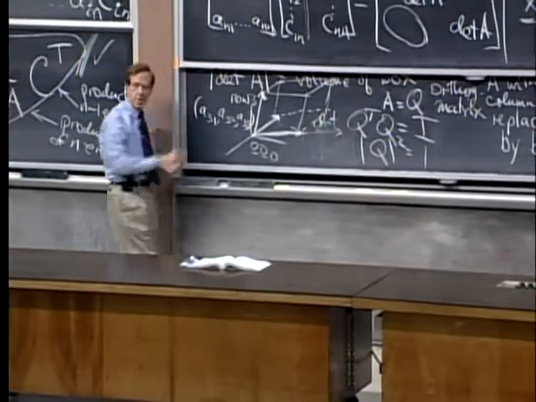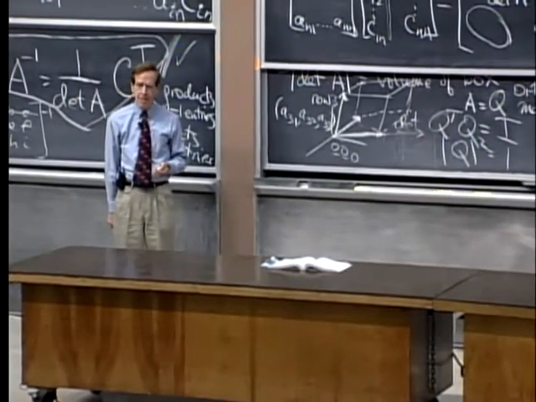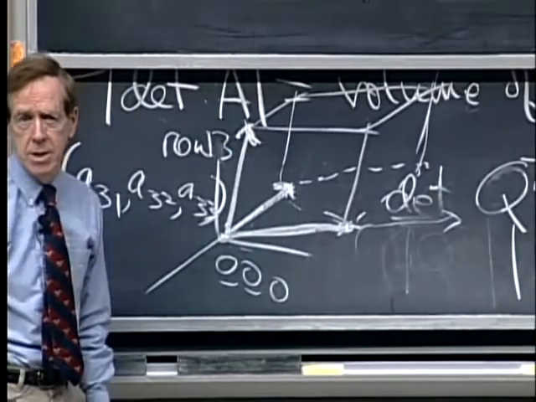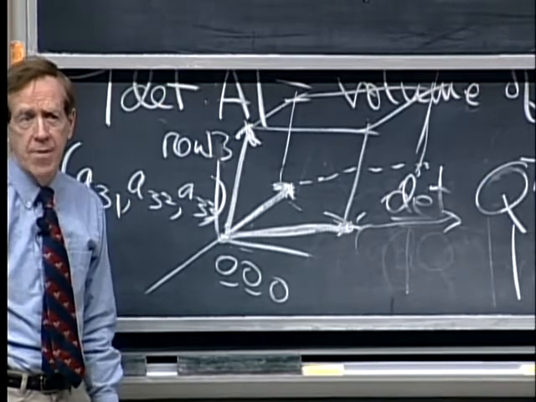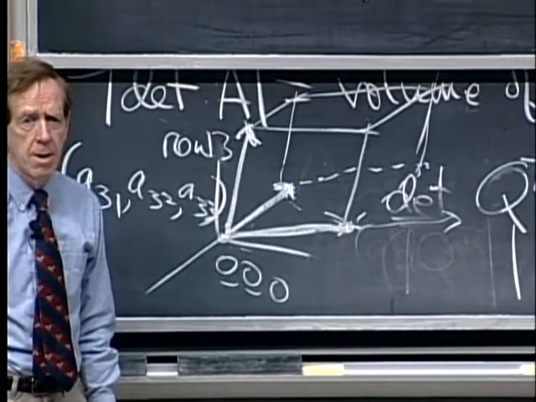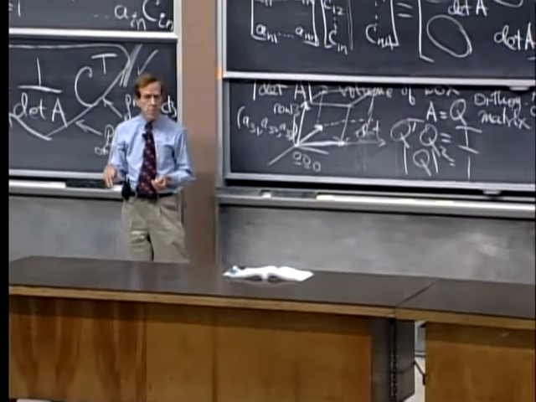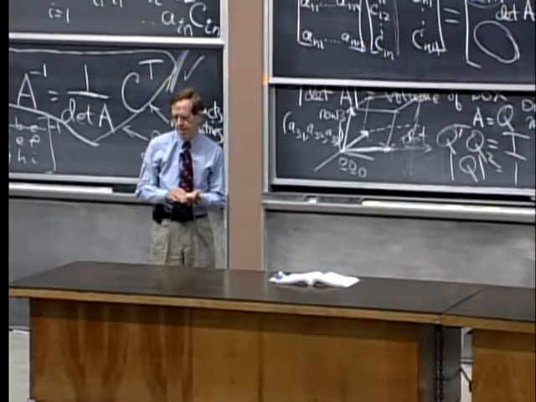What happens to the determinant? If I double the first row of a matrix, what's the effect on the determinant? It also doubles, right? And that was rule number 3a.